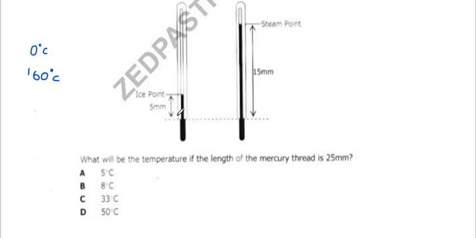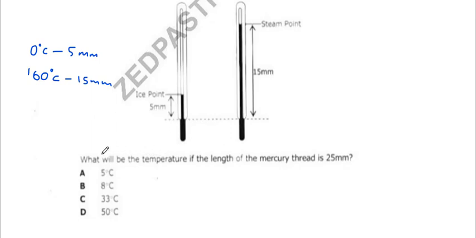At the ice point, we have 5 millimeters. So 0 degrees Celsius to 5 millimeters. And at the steam point, we have 15 millimeters. What will be the temperature if the length of the mercury thread is 25 millimeters?